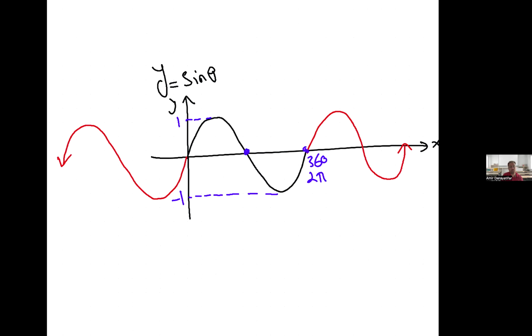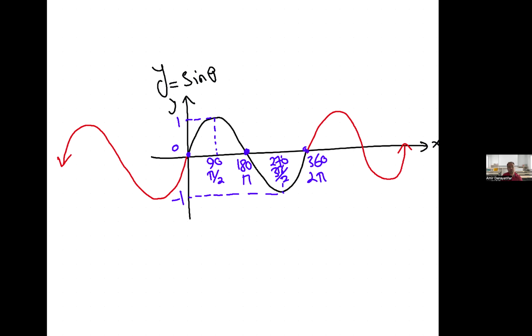The zeros are at 0 and at 180 degrees, which is pi radians. The maximum occurs at 90 degrees, which is pi over 2 radians. Minimum occurs at 270 degrees, which is 3 pi over 2 radians. Okay, maximum 1, minimum -1.